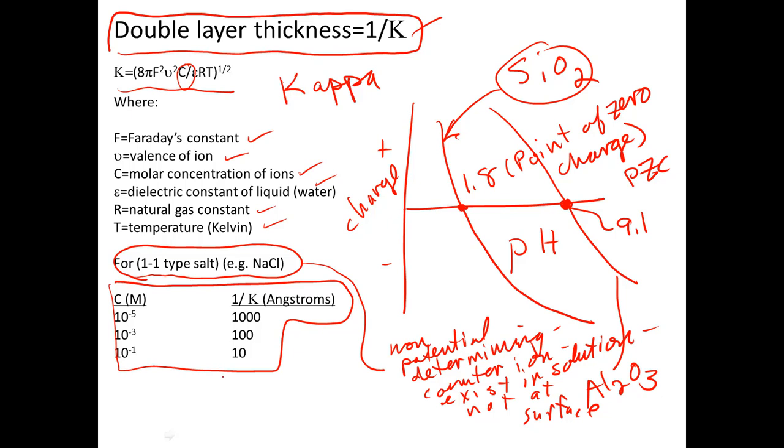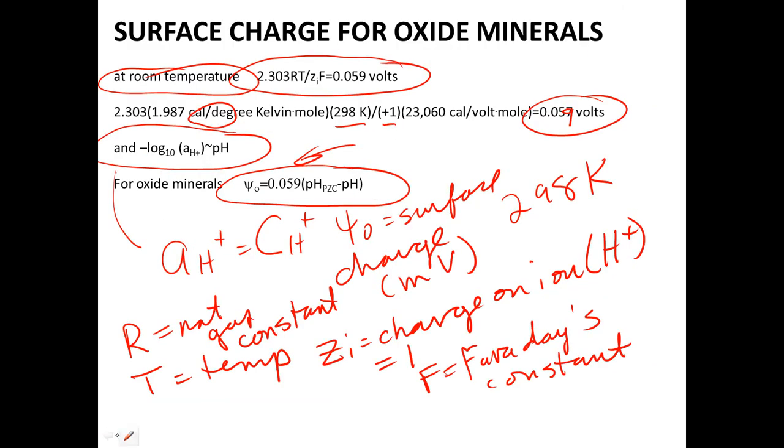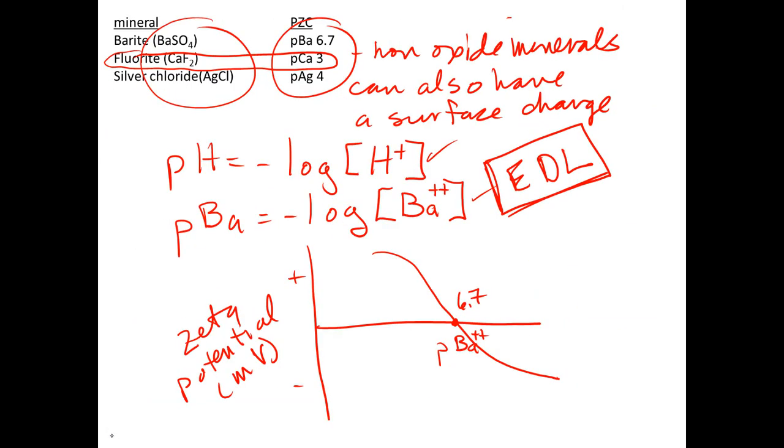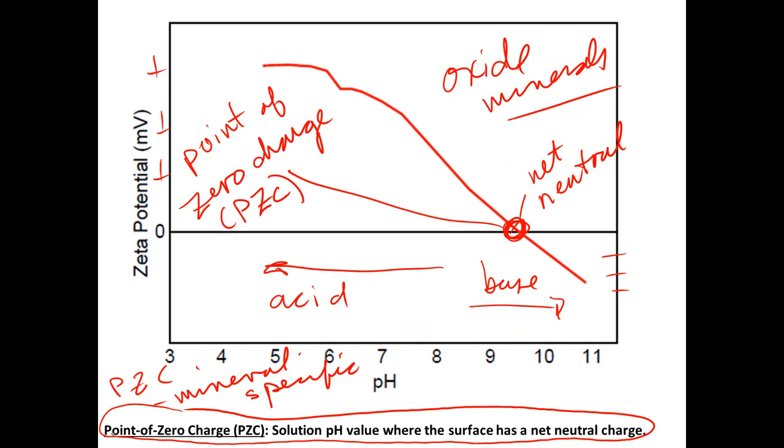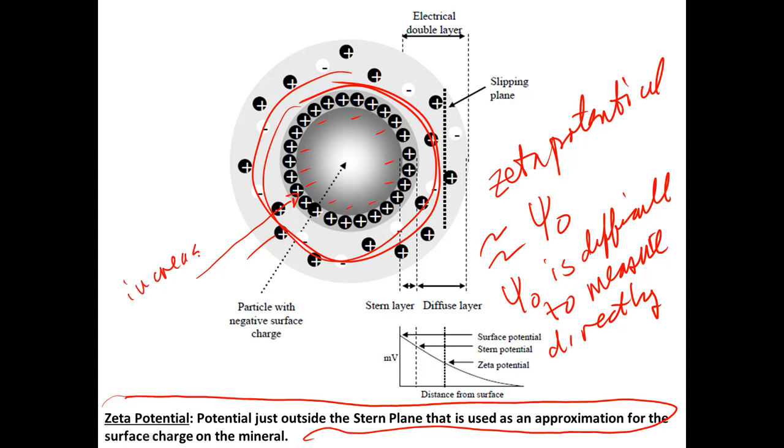So as we add more and more salt, that double layer gets pulled closer and closer to the surface. So we can control the surface charge, but we can also control the double layer thickness. In other words, we can pull this double layer closer and closer to the surface with increasing salt concentration.